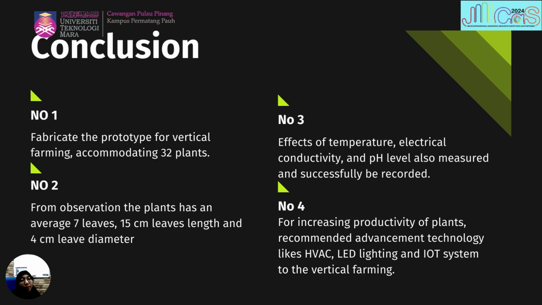Number three, the effects of temperature, electrical conductivity, and pH level were also measured and recorded. And number four, to improve plant productivity, we recommend using advanced technology like HVAC, LED lighting, and an IoT system in vertical farming.